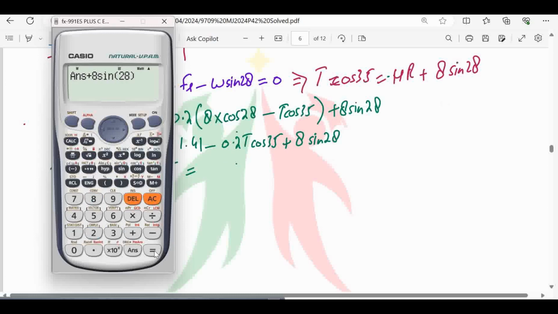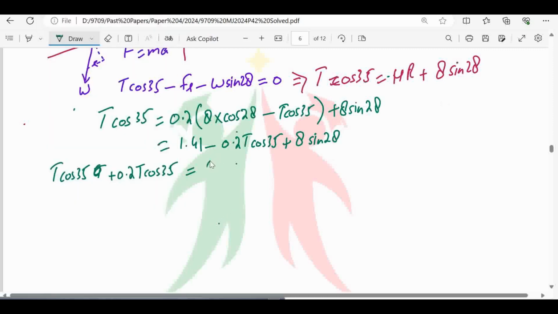So this will be equals to 5.16, and from here if we add it, so this will be 1.2 T is equals to 5.16 by cos of 35.